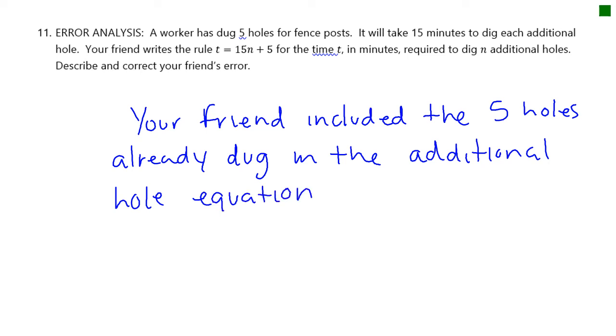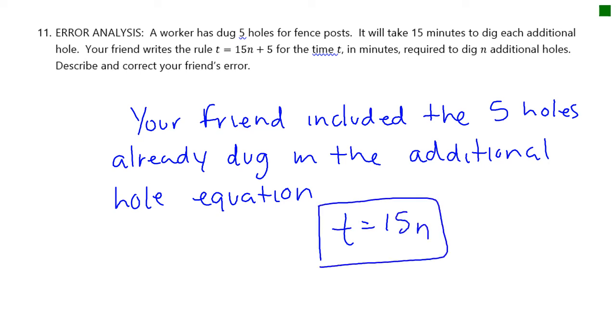So my right answer should have been T = 15N. The 5 were already done, so they should not be included in an equation where they're talking about additional holes.